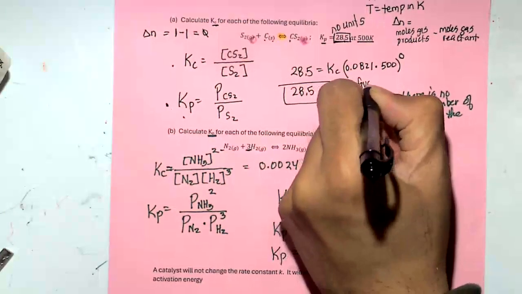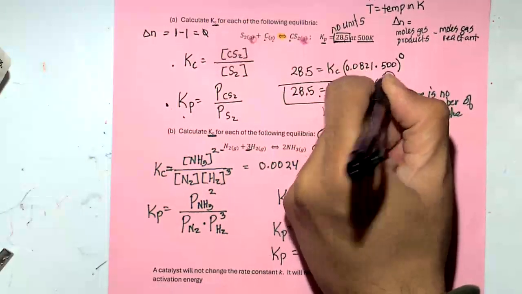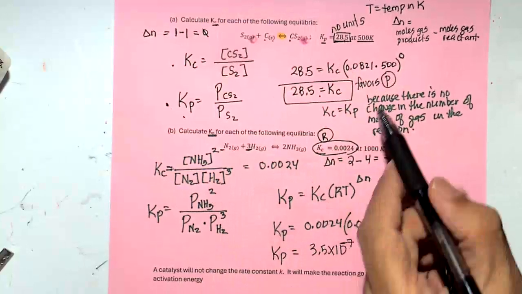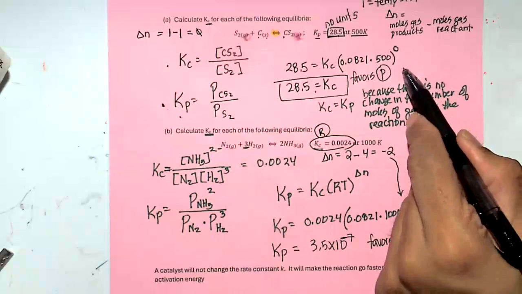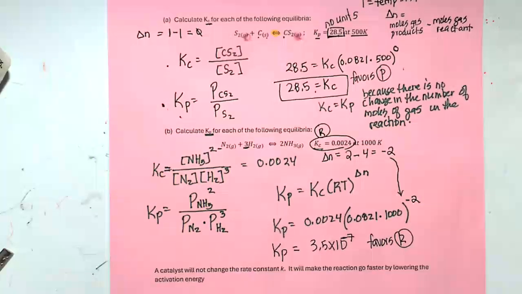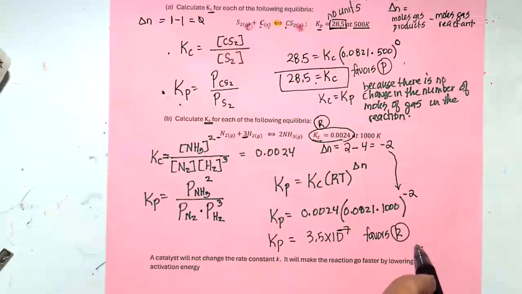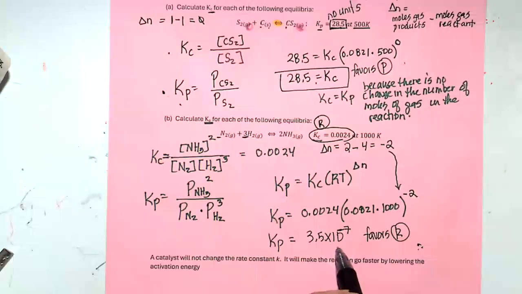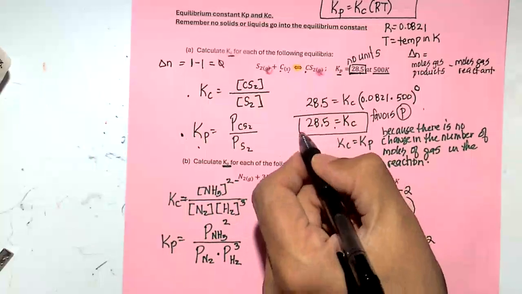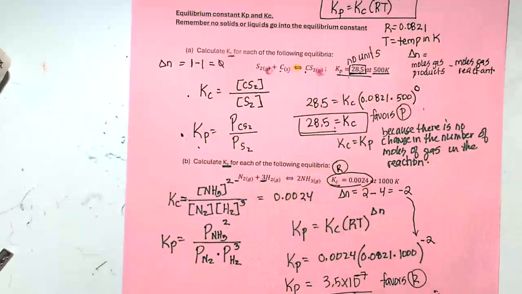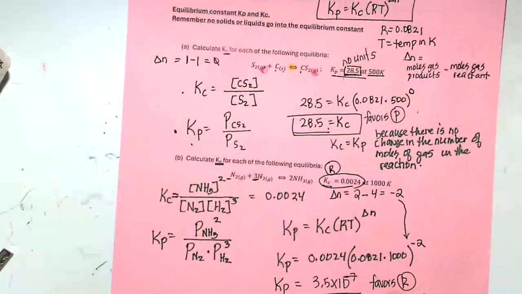This top one favors the products because it's greater than 1. So we'll have more products when the reaction is over and done. We'll have more reactants for the other one, because the magnitude is less than 1, while the magnitude is greater than 1 for the top one.